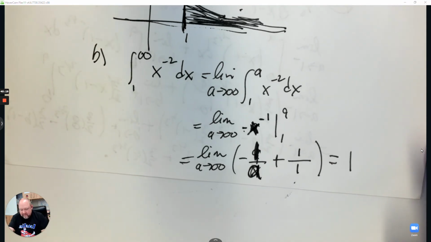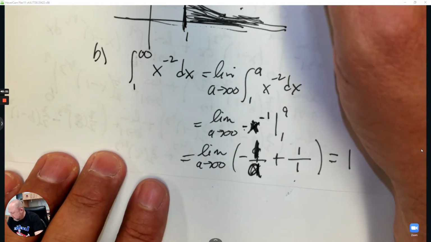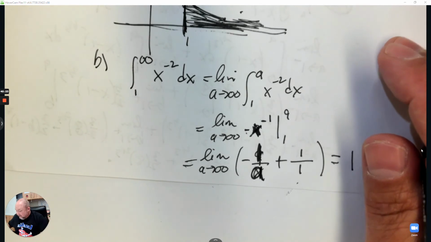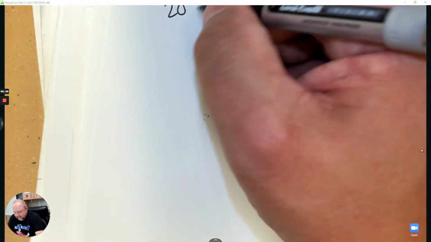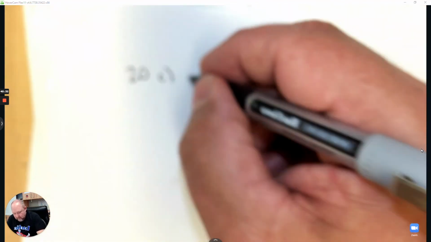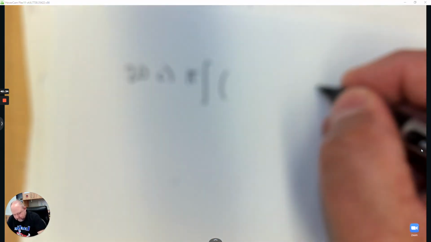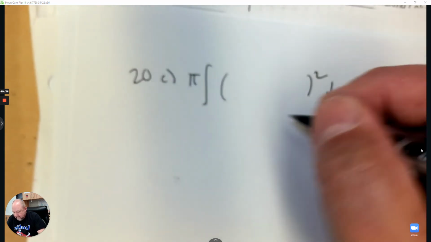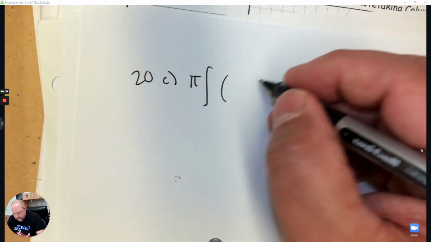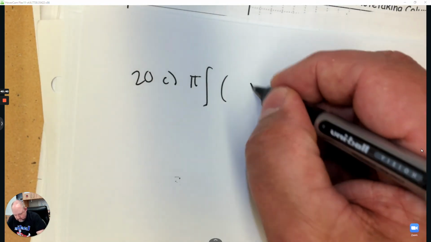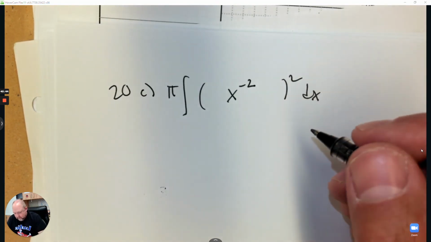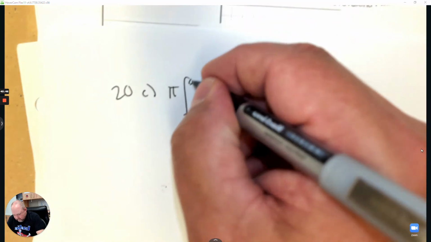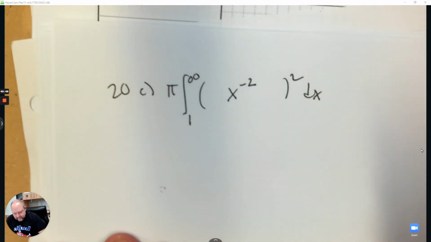All right, 20C. Let me do it up here, maybe if I have room. So C says, find the volume revolving around the x-axis. All right, I'm not going to have room, so I'm going to go here. So 20C, volume is this. And inside would be the curve, which is 1 over x squared, or x to the negative 2, and that goes from 1 to infinity.